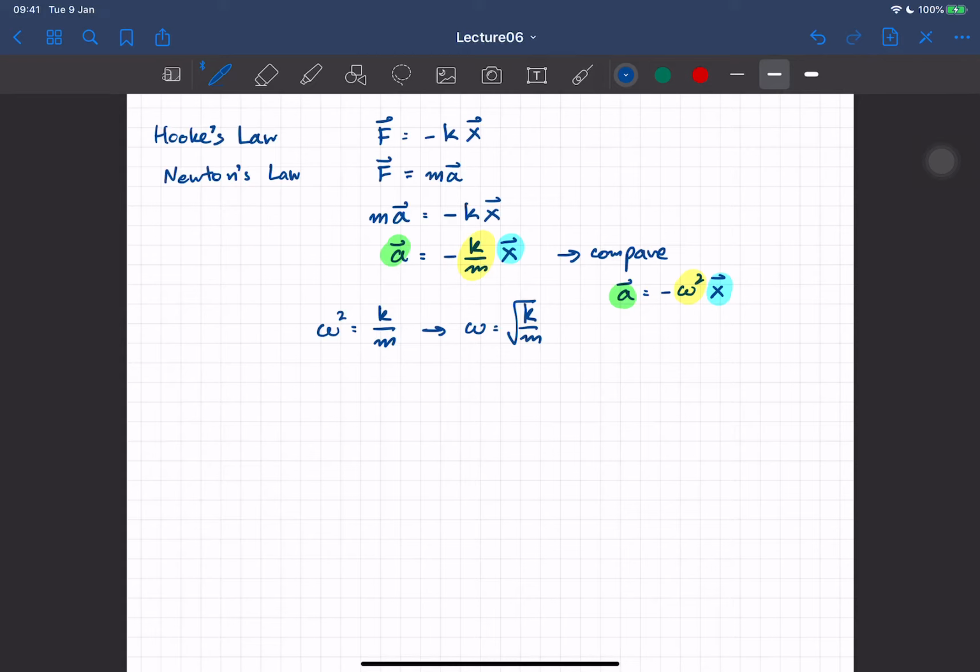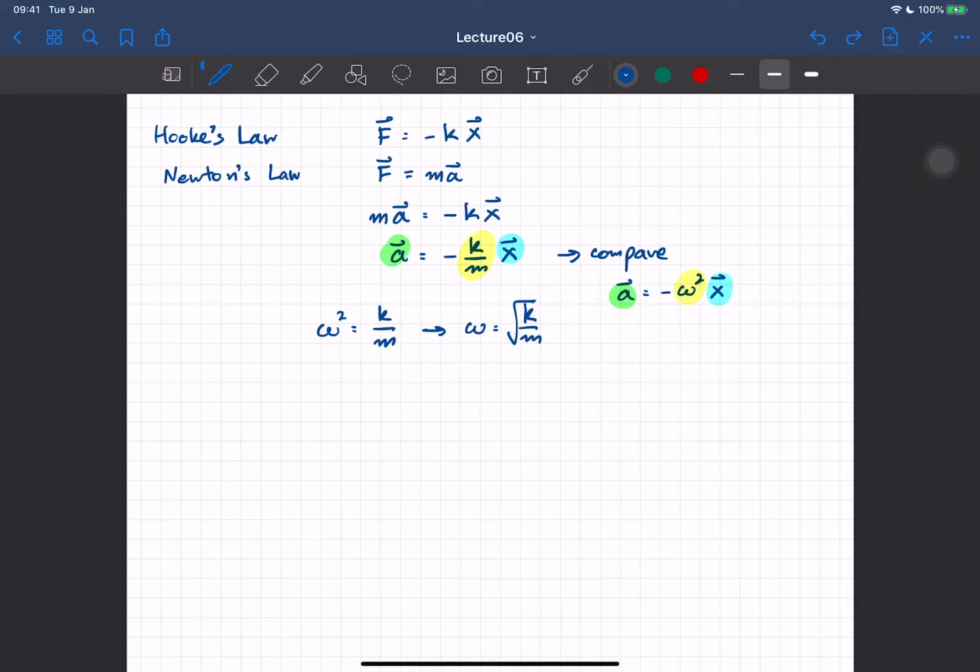So this tells you that the frequency of this oscillation, which is the mass and spring system, depends only on two parameters, the spring constant k and the mass m. And again, it confirmed the other point, which is that omega, the frequency of the oscillation, does not depend on the amplitude of the oscillation, because there's no amplitude in omega here.